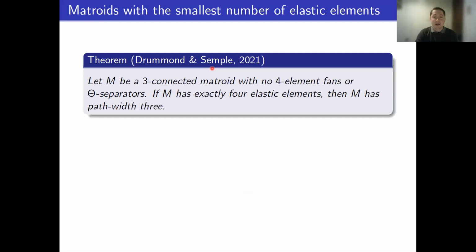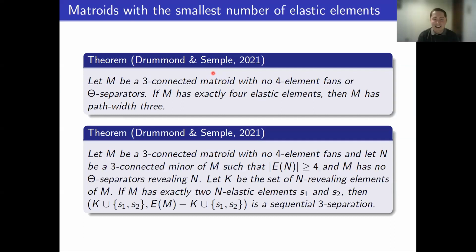And that's basically achieved by a number of crossings and using our nice vertical 3 separation lemma. So we can have exactly 4, and if we do, we've got path width 3. So in the non-trivial case, we're often going to have more than 4, which is nice to know.